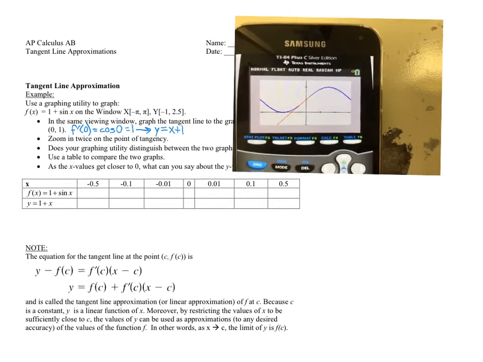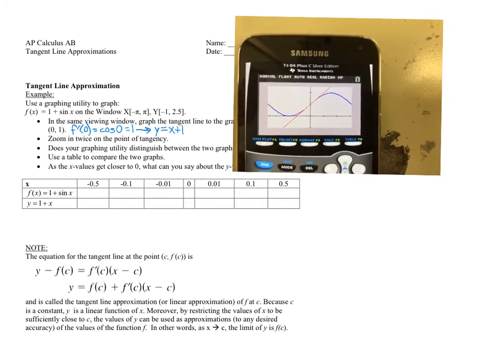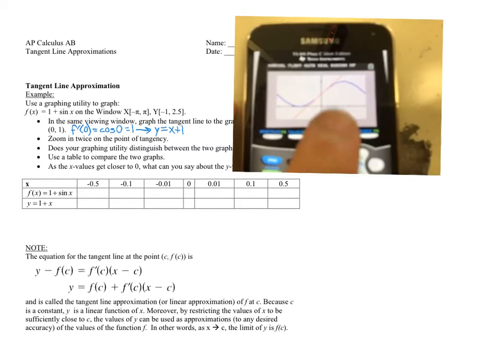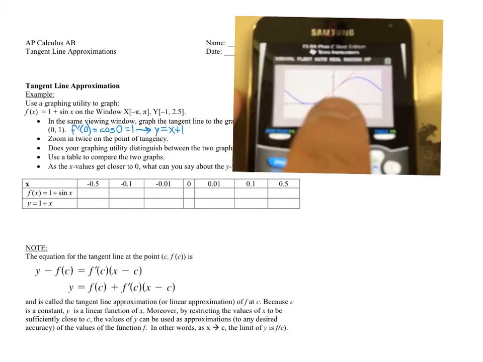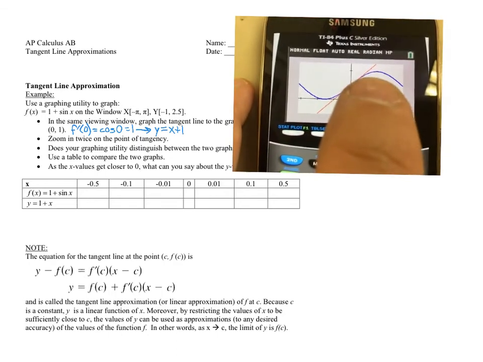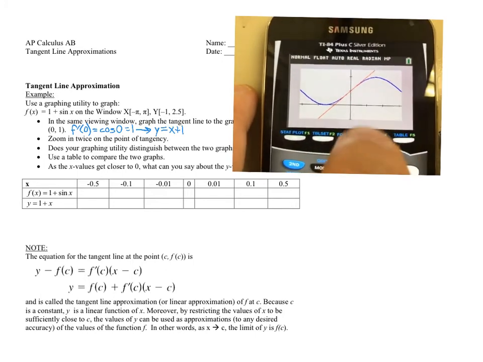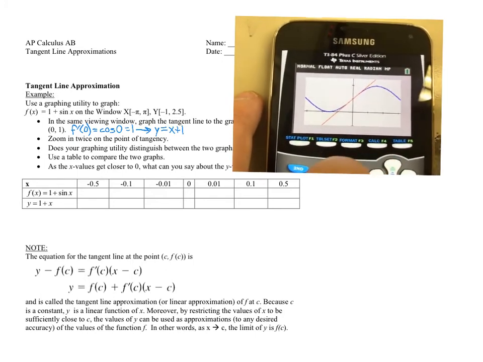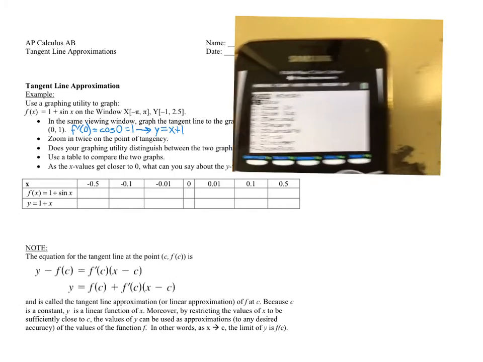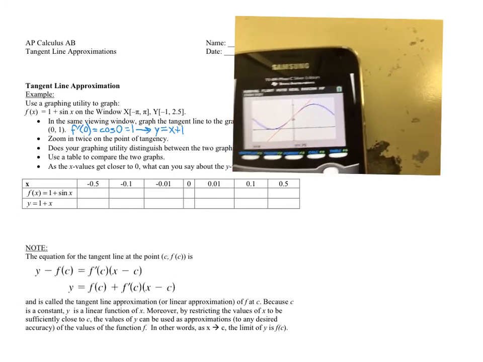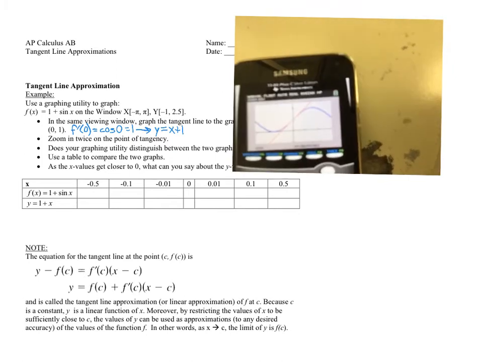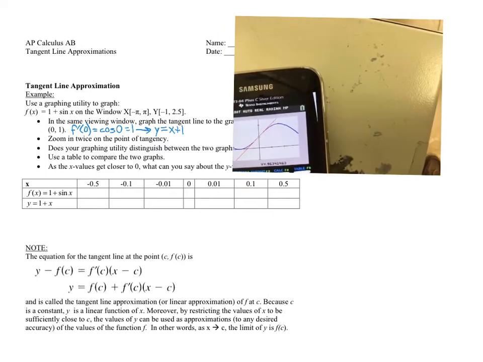And there's the line. Now, you can kind of see already when it gets close to this point 0, 1, the point of tangency, it looks like the line is right on top of the function and they have the same values all around there. The directions tell us to zoom in twice, so we're going to hit 2 for zoom in, get close to that point of tangency and hit enter, and it'll adjust my window.